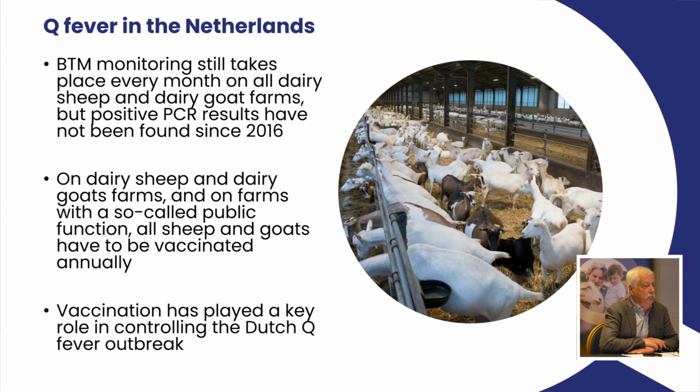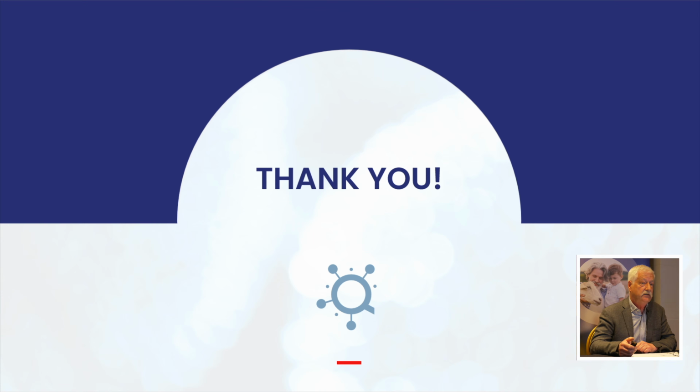The sheep and goats on these farms and the farms I mentioned earlier have to be vaccinated annually, and we think that of all the measures we have taken, vaccination has played a key role in controlling the Dutch Q fever outbreak, and we could easily follow what was going on by the bulk tank milk monitoring that is still in place. So that's my short description of what took place in the Netherlands in the years between 2007 and 2010.